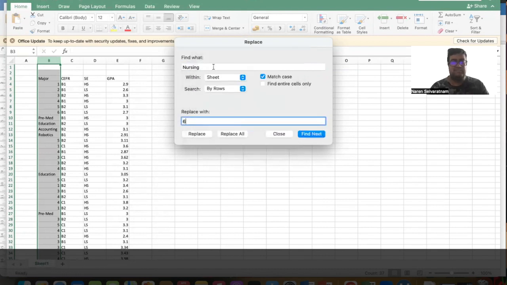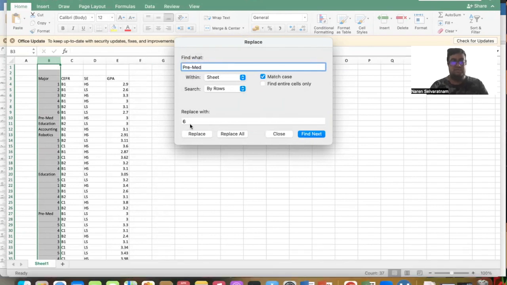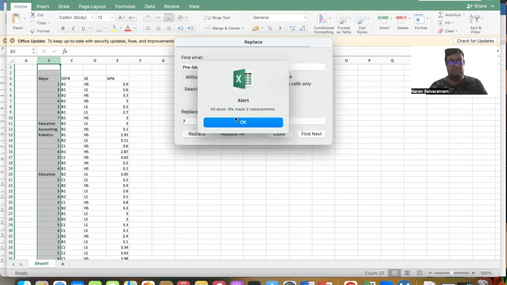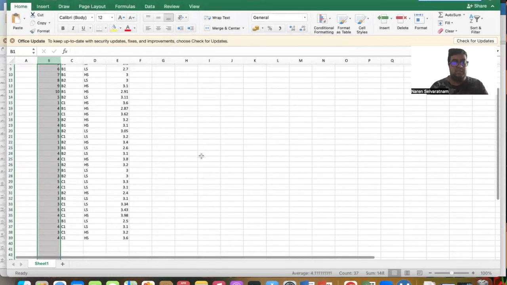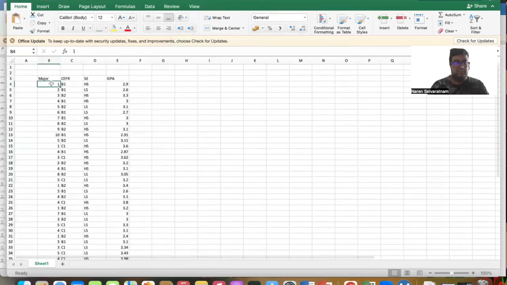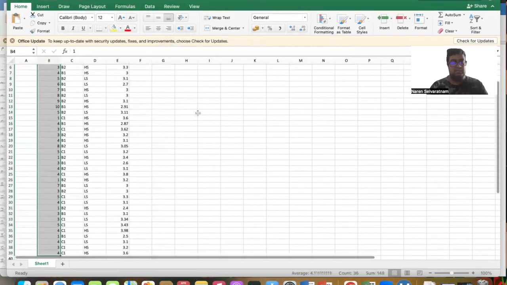Nursing is 6, pre-med is 7, education is 8, accounting is 9, robotics is 10. Okay, we have just very quickly replaced all our text under the first variable.